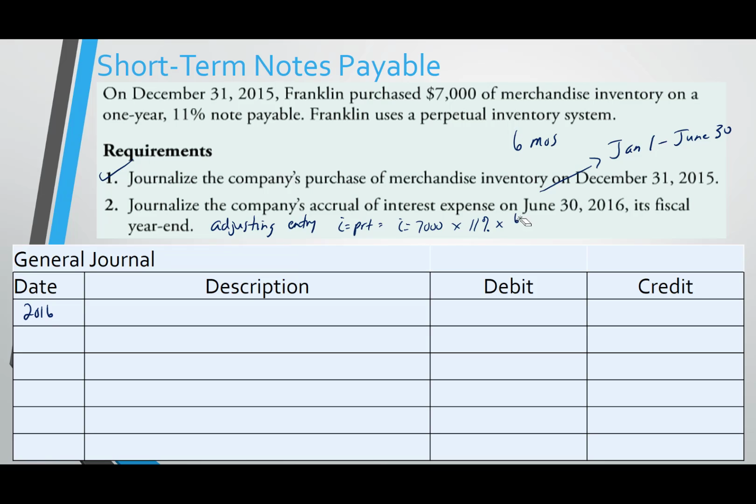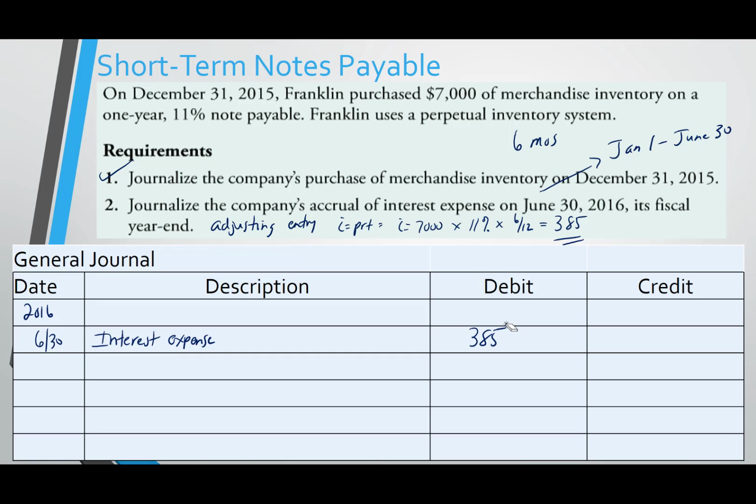So we can do 6 months out of 12. We could do really 180 out of 360. It really makes no difference. It all comes out to be the same answer. So we know that our amount, the adjusting entry of interest expense that we've incurred is $385. So on June 30th of 2016, I'm going to debit interest expense because I have to recognize that in this period.